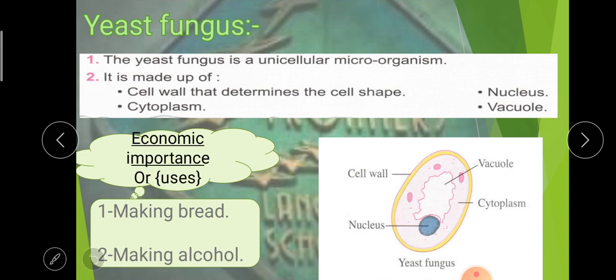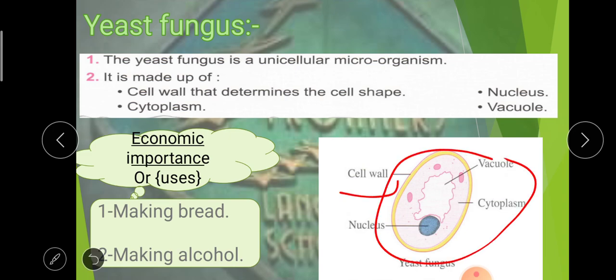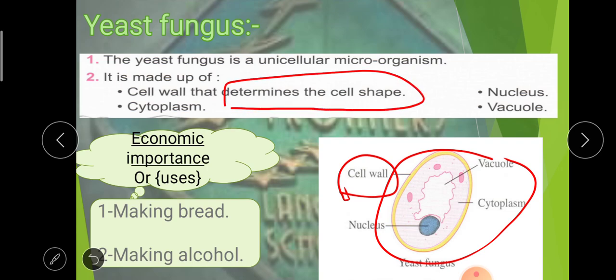When we examine yeast fungus, we notice that it consists of, first, a cell wall, which surrounds the yeast fungus from outside to give it a definite shape.